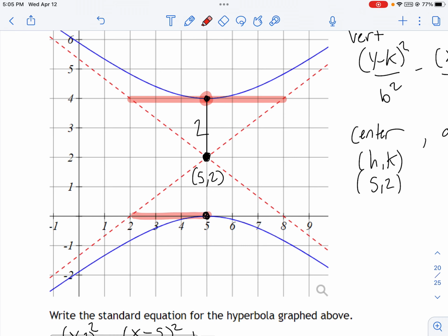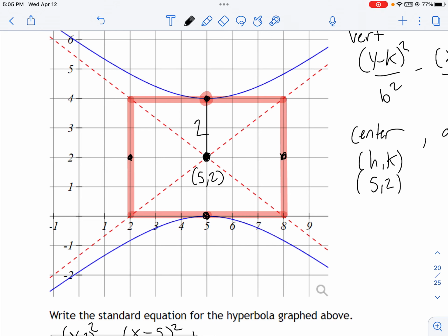Same thing for the bottom curve, go to the right, go to the left. And now you'll notice that if you connect these points together, it forms a little box. And that is how you can easily find your covertices, because they're on the same y value when it's a vertical hyperbola. It'll be the same x value for a horizontal hyperbola.